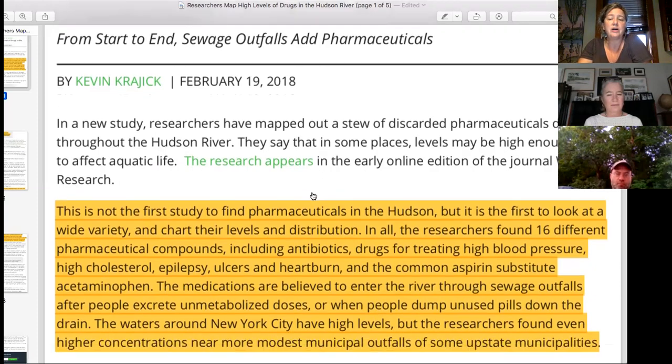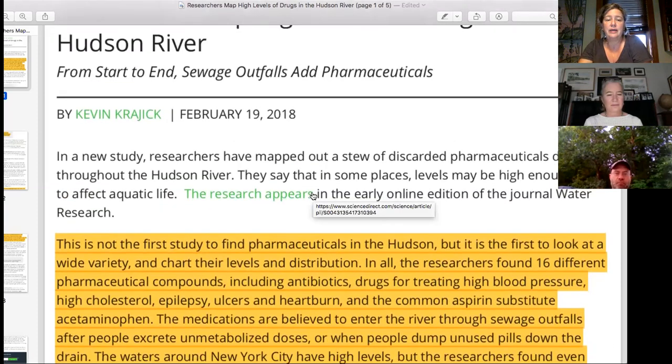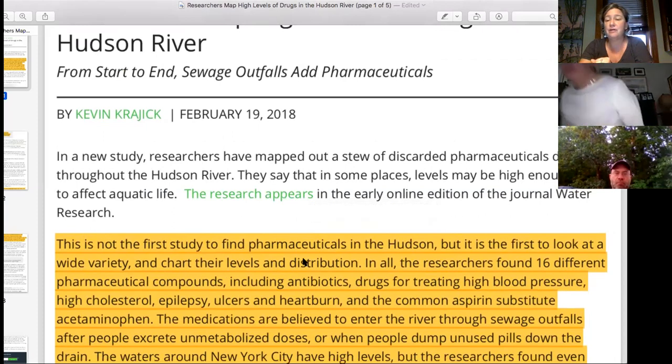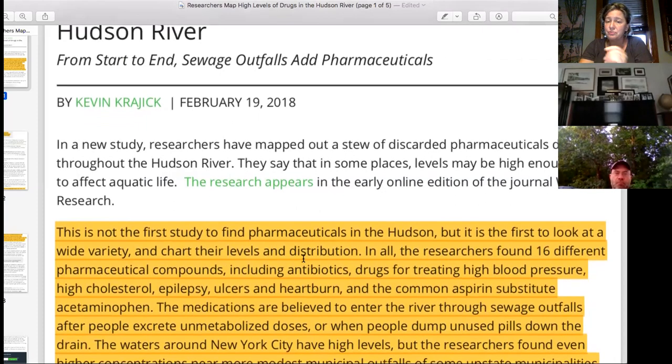In the report, it talks about there being a study to find pharmaceuticals in the Hudson, the first study of its kind. It looked at a variety of chemicals, right?